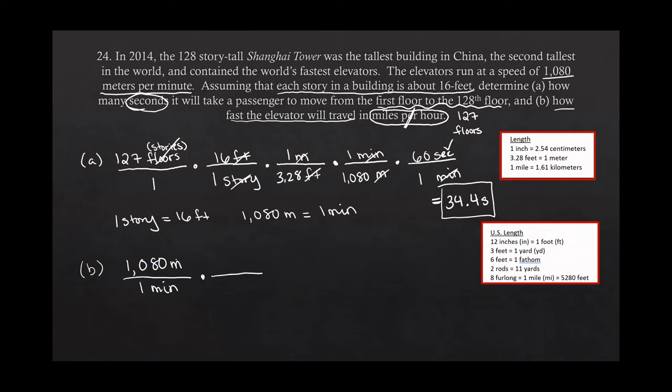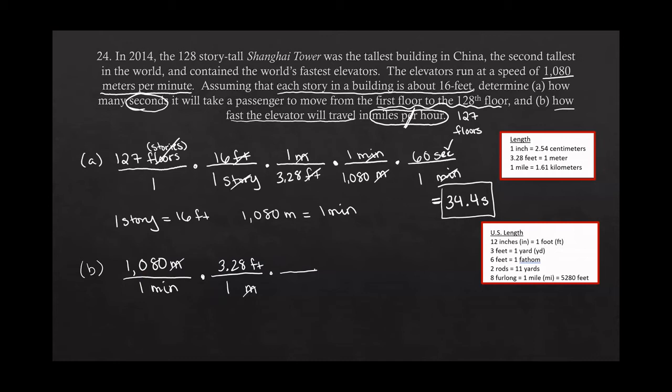All right, our meters are in the top, so we're going to put meters in the bottom. That same conversion that we've used a few times now, 3.28 feet is equal to 1 meter. Our meters in the bottom, so make sure we put 1 meter, and that's equal to, like we said, 3.28 feet in the top. Meters cancel. And then we still need to get to miles.